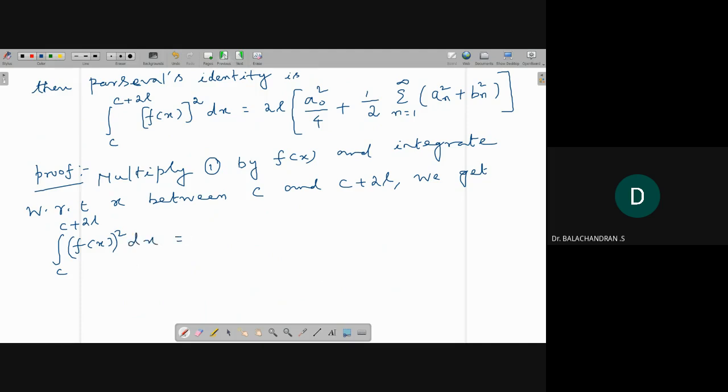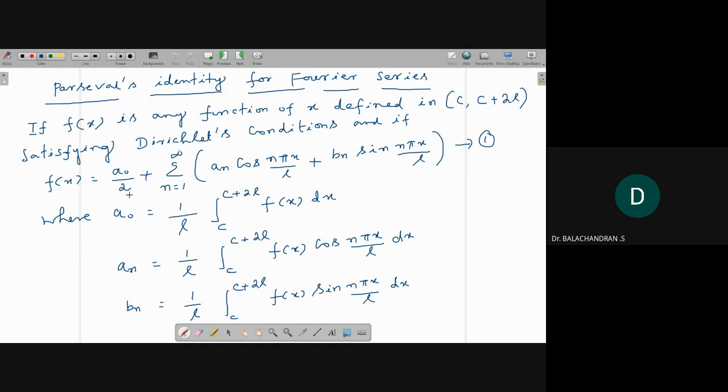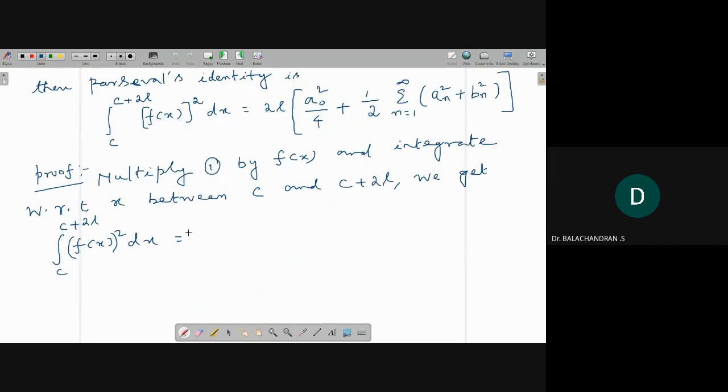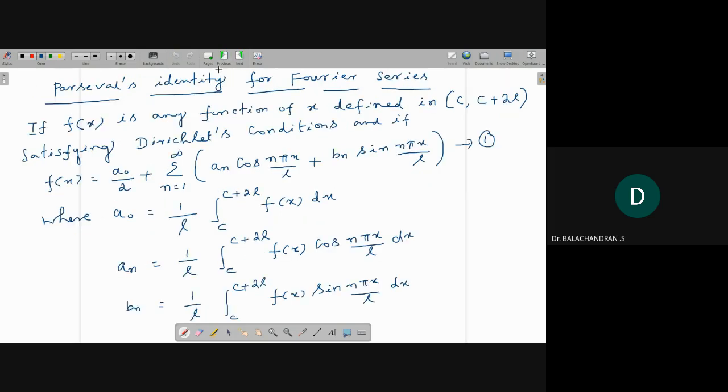Right hand side, a naught by 2. You must multiply by f of x and then integrate from c to c plus 2l, into f of x into dx, plus summation.